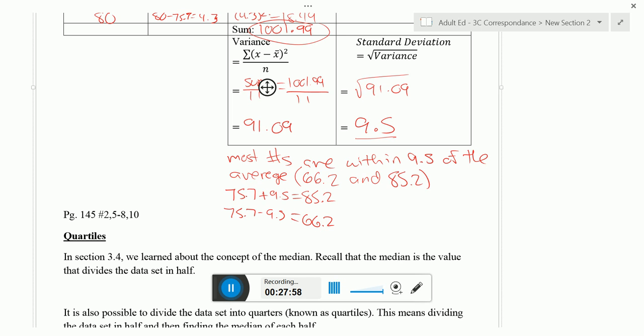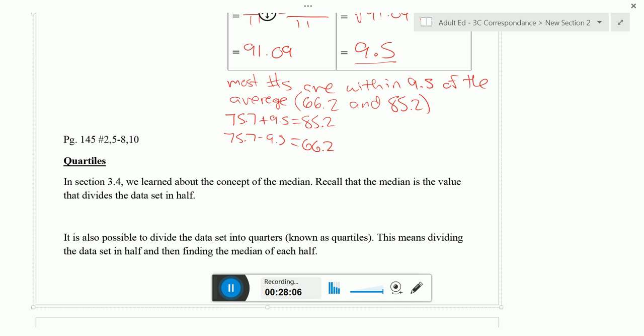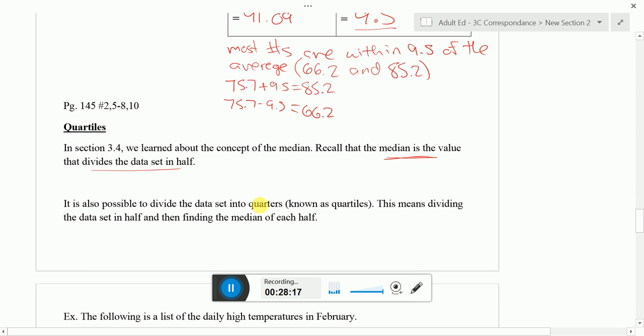The last measure of spread that we're going to look at is quartiles. Above we learned the concept of the median. So the median is the middle value, or the value that divides the data set in half. We can also divide each of those halves in half, or essentially we're dividing the data set into quarters.